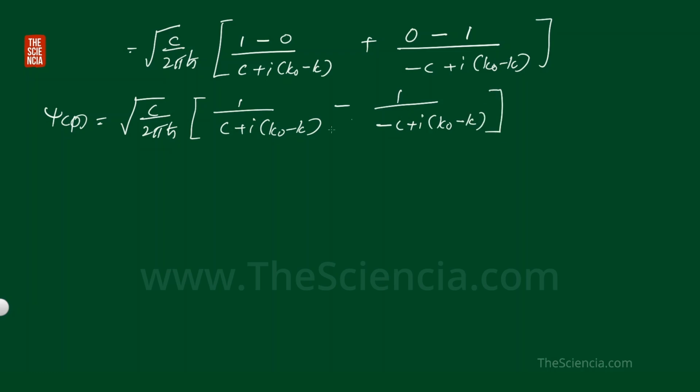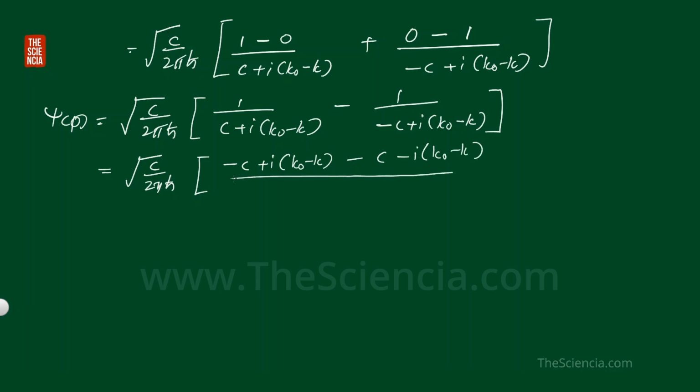So we can cross multiply and simplify this, that is root c by root 2 pi h cross into minus c plus i k0 minus k minus c minus i k0 minus k, divided by c plus i k0 minus k into minus c plus i k0 minus k.